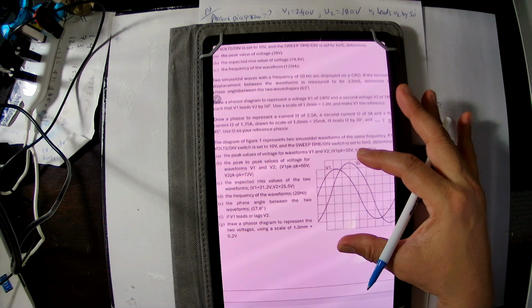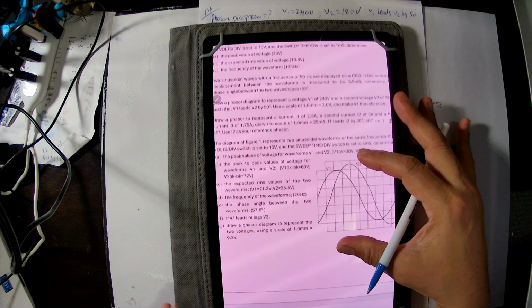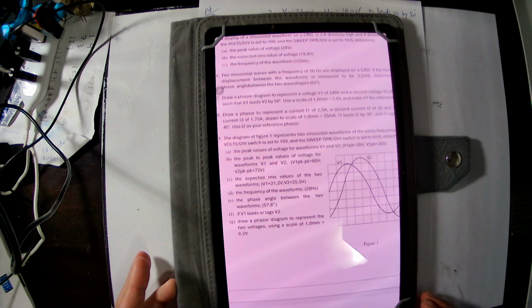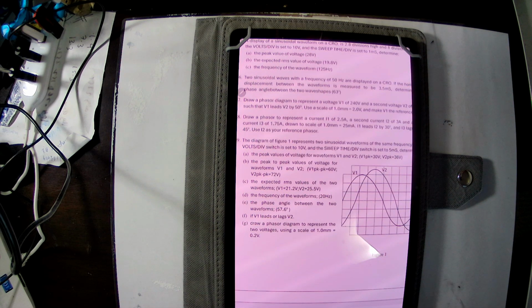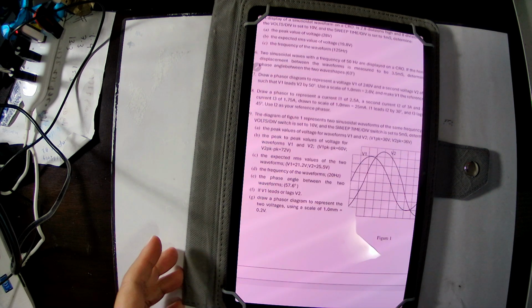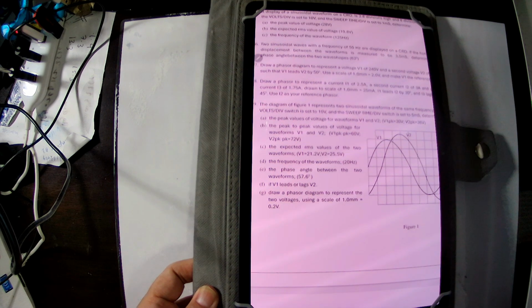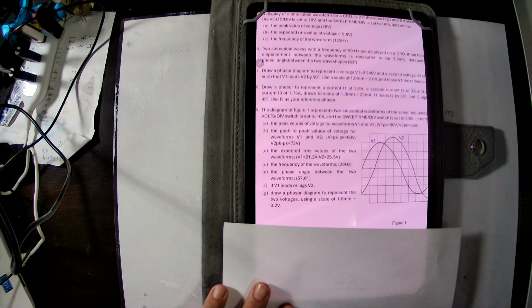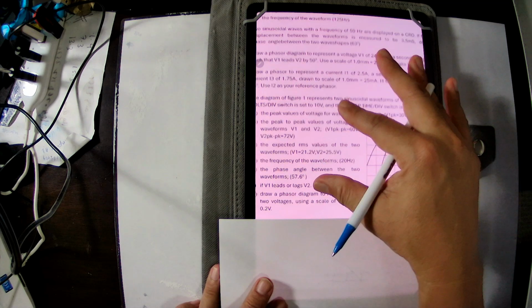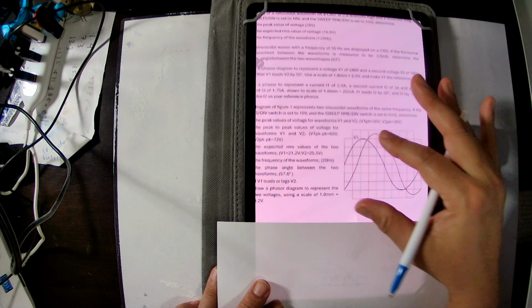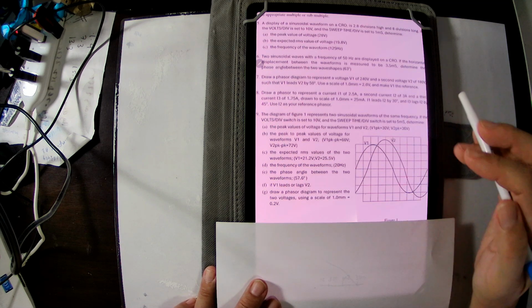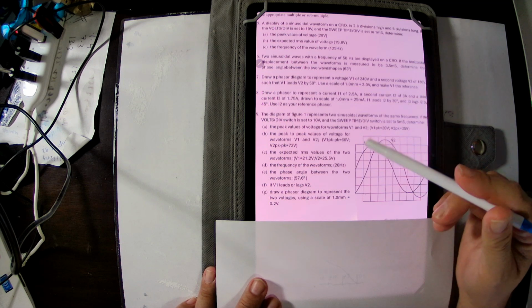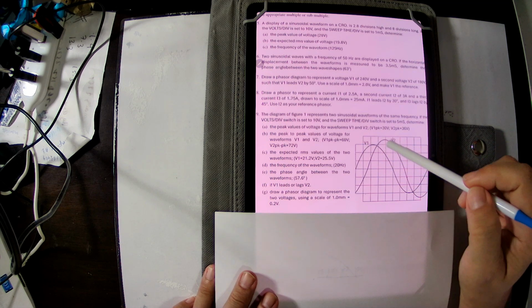There are two waveforms, V1 and V2. This is V1, this is V2. V1 and V2 are here, you can see.